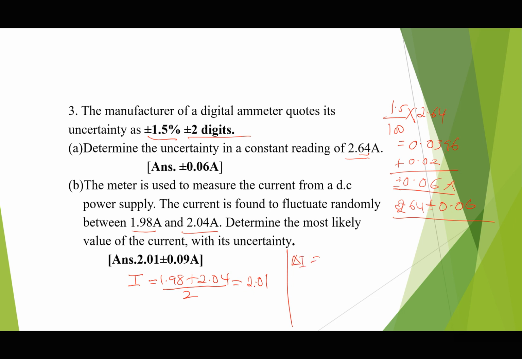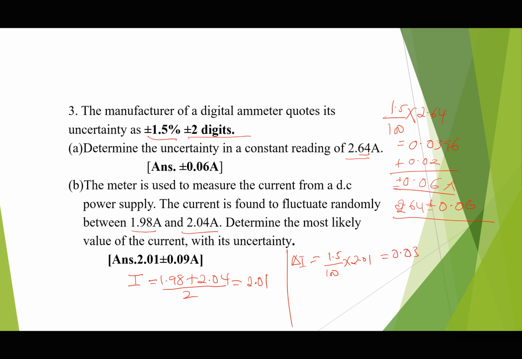The uncertainty in the average value for the fluctuations will actually be 1.5 divided by 100 times 2.01. This gives me 0.03.